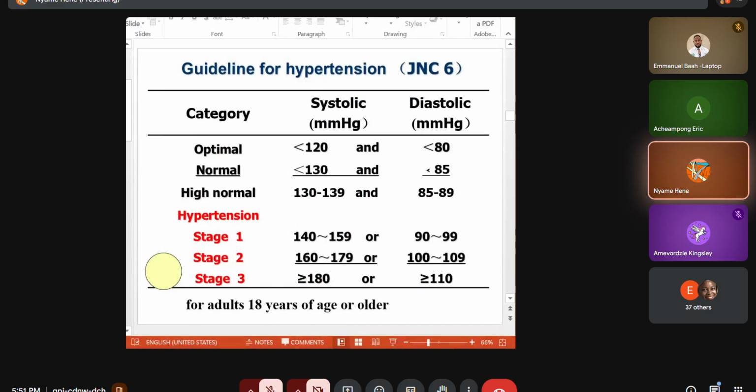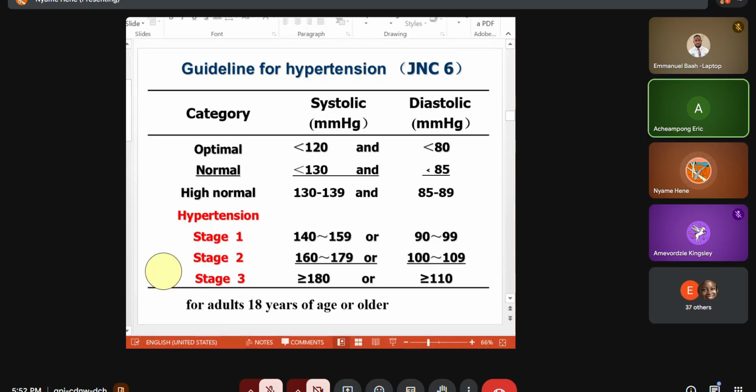Then we have the guideline for JNC, a body that classifies hypertension in stages. They classify it as optimal or normal, high normal, and then hypertension, with stage 1, stage 2, stage 3.